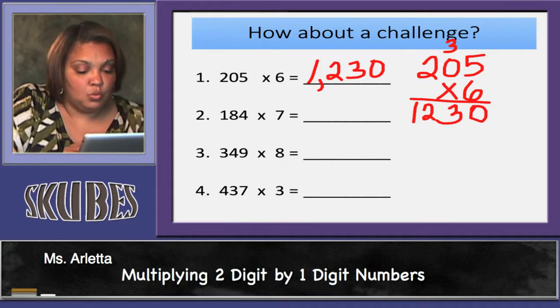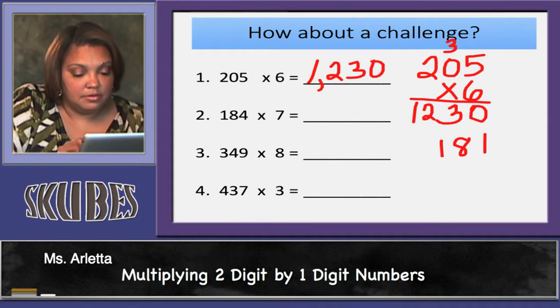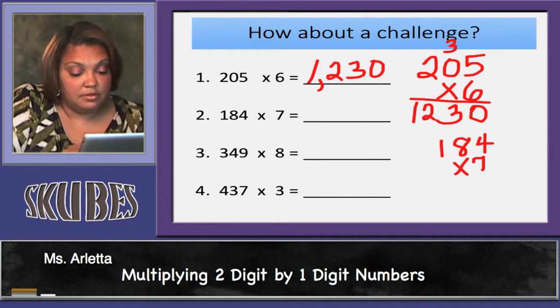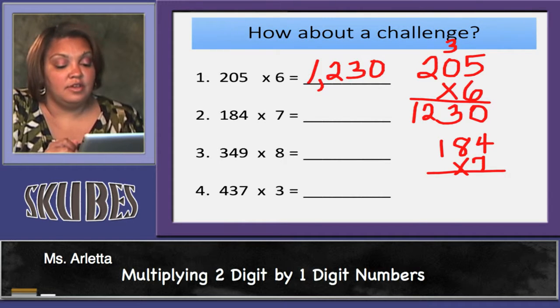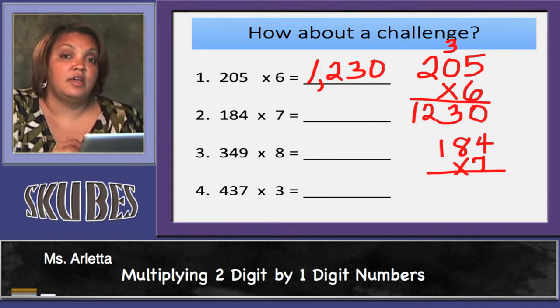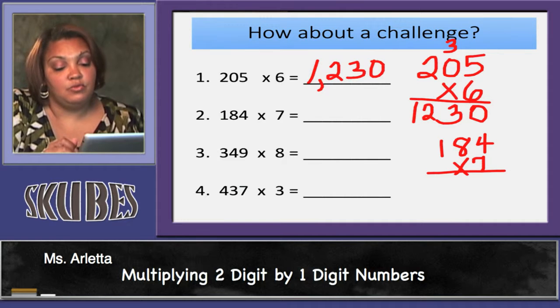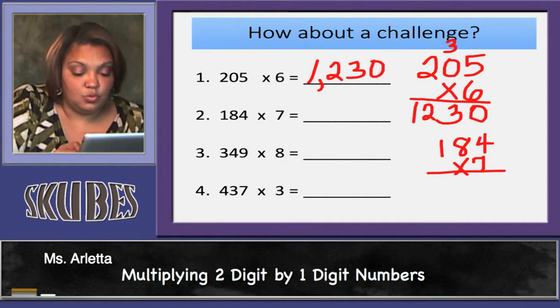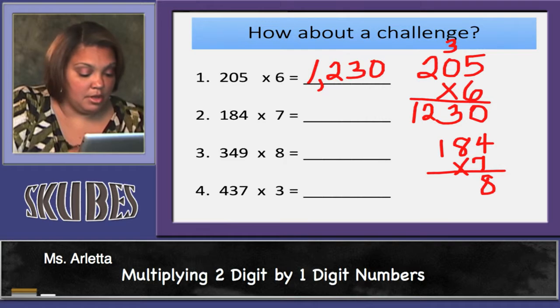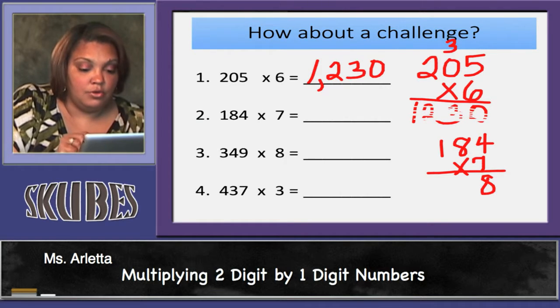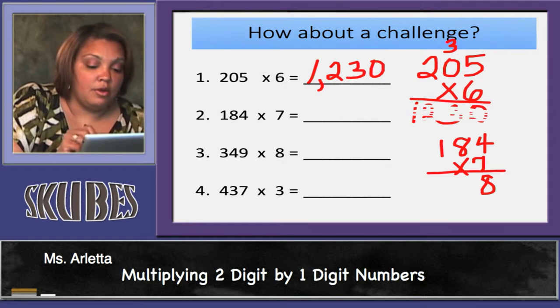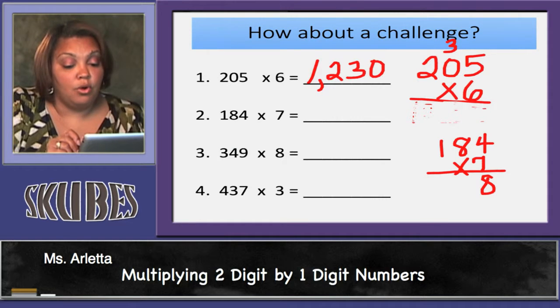The next one, 184 times 7. So you would multiply 7 times 4, 7 times 8, and then 7 times 1. 7 times 4 is 28. I'm going to carry my 2. But before I do, I'm going to erase this answer, being that I already have it there. 7 times 4 was 28.